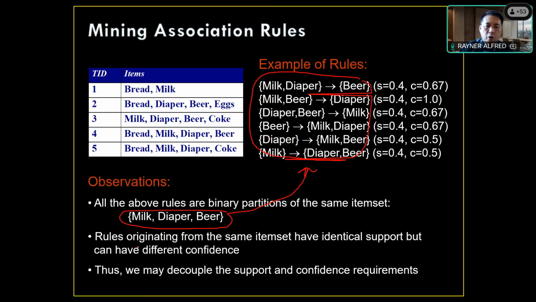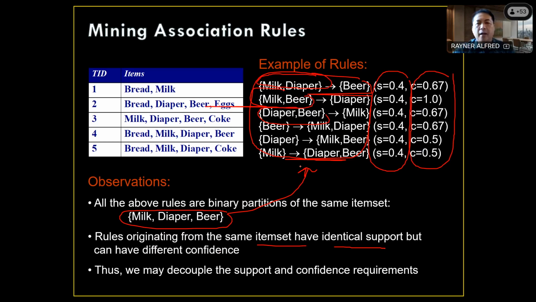Okay, rules originating from the same item set have identical support. So you have the same support here. But they will have different confidence depending on the occurrence of the X value. Okay, so that is the observation.